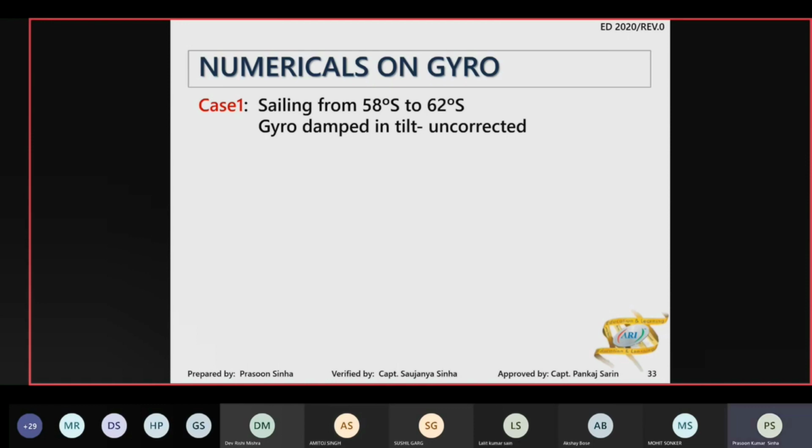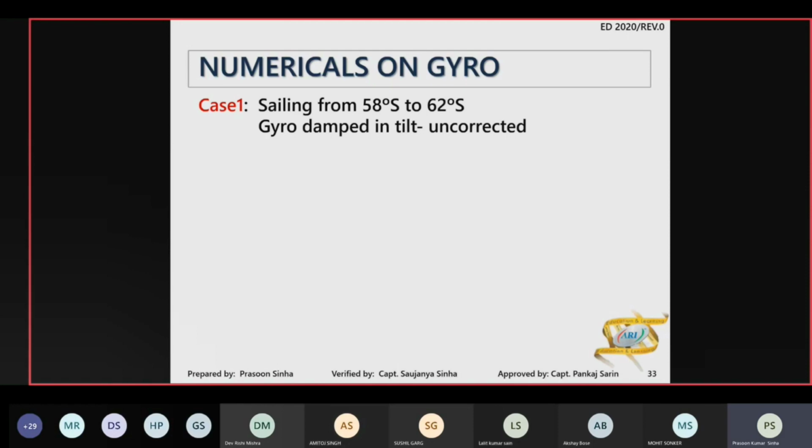So in modern gyro compasses, either we have a GPS connection from where it is getting the latitude, or you have to manually enter the latitude by pressing a few buttons. So in this case 60 south is the mean latitude, so you can enter 60 degrees of latitude.